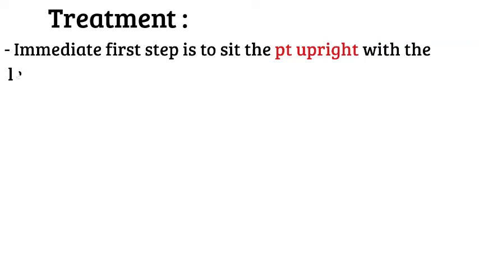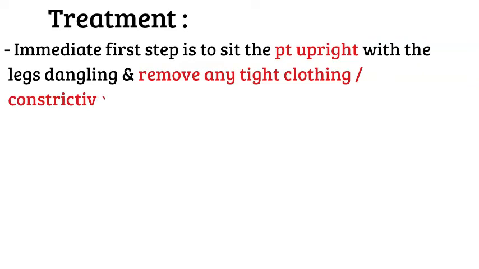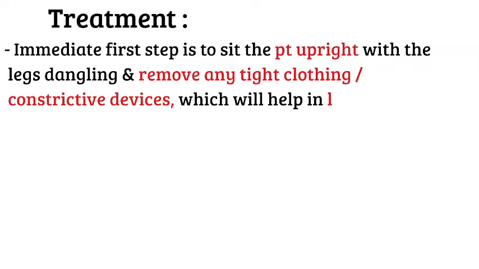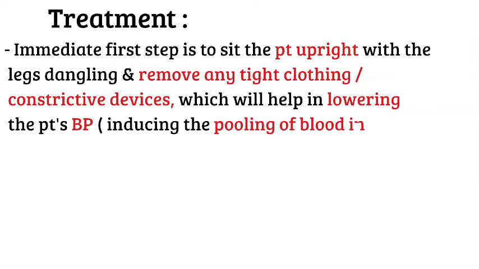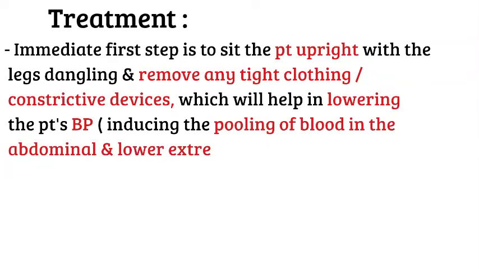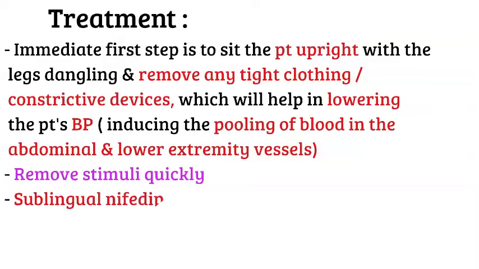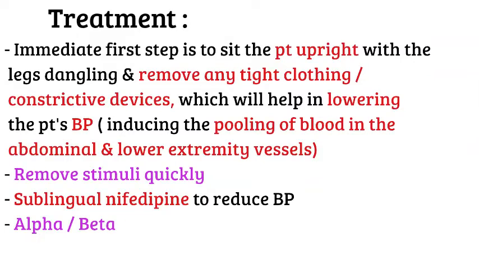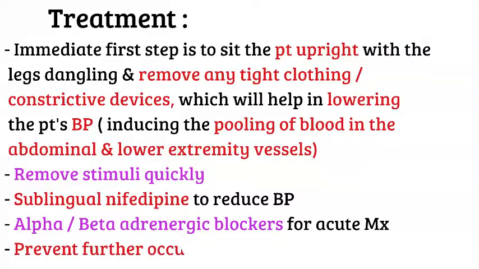The treatment of autonomic dysreflexia includes the immediate first step to sit the patient upright with the legs dangling and remove any tight clothing or constrictive device, which will help in lowering the patient's blood pressure by inducing the pooling of blood in the abdomen and the lower extremity vessels.